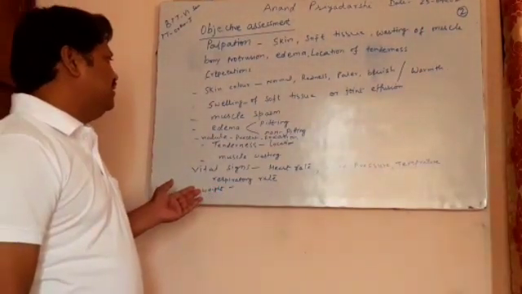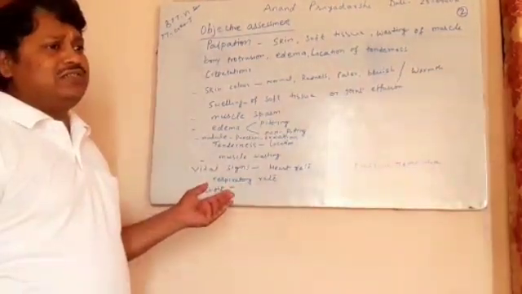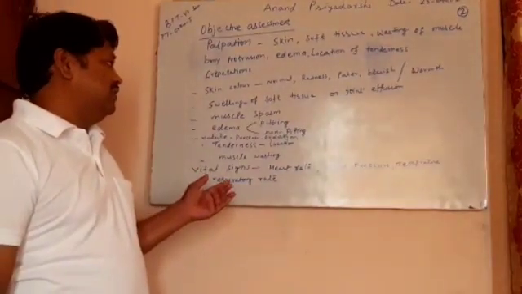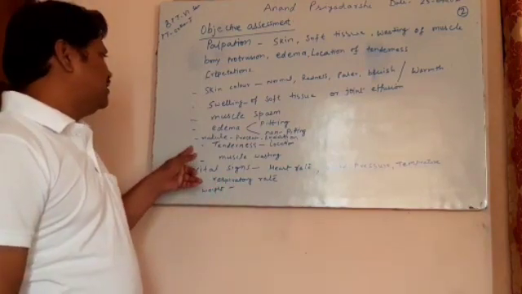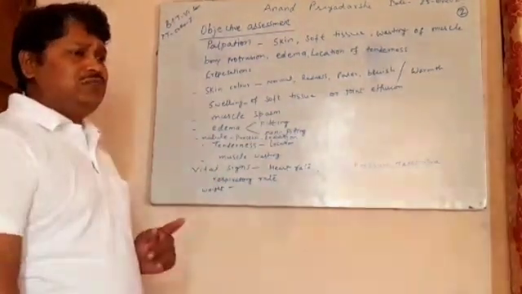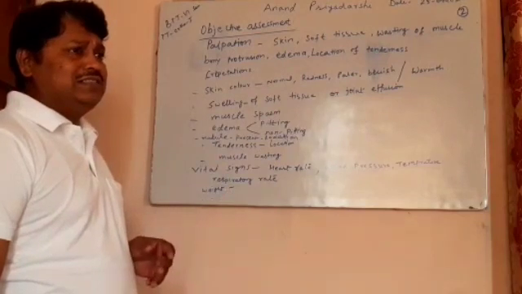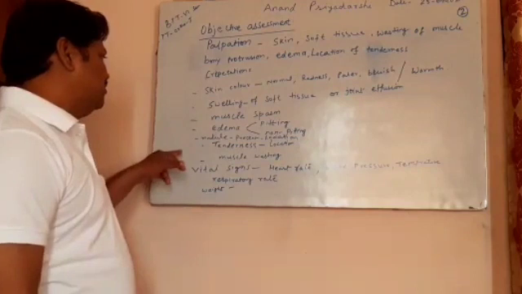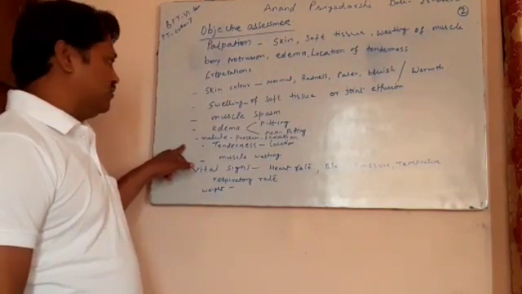And when after pressing no sign of pitting remains, in that condition we say that the edema is non-pitting. Next, nodule. In some diseases such as rheumatoid arthritis, nodules are present in the fingers and around the joint. Therefore, we see whether there is nodule formation or not.